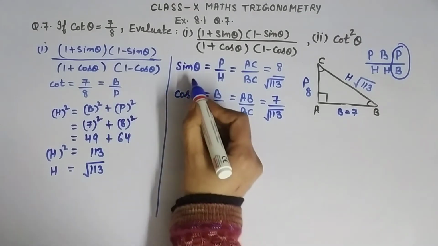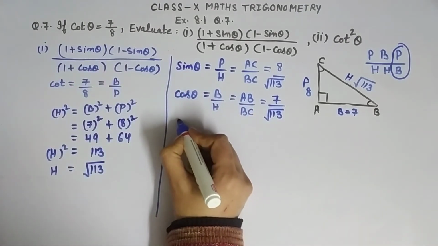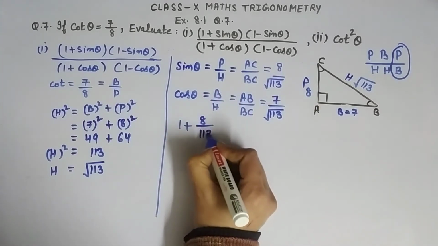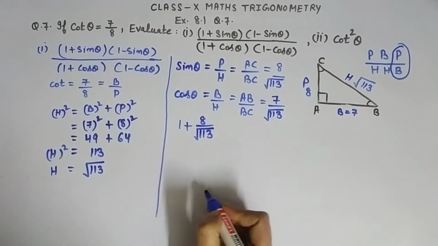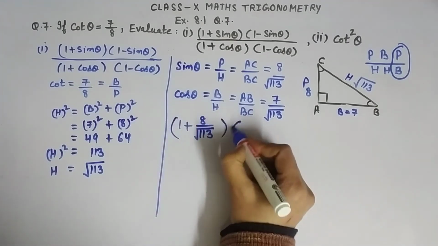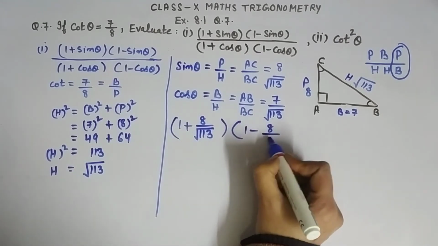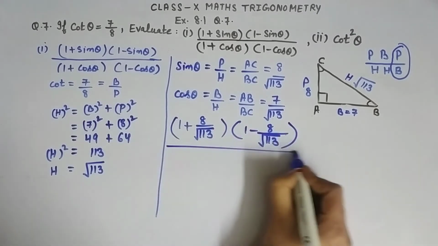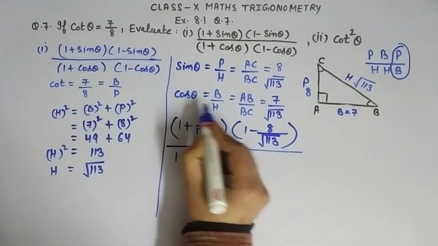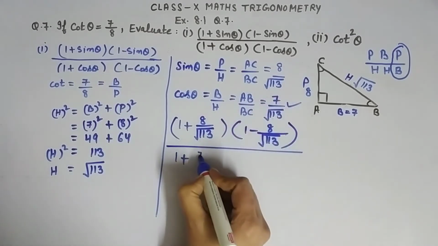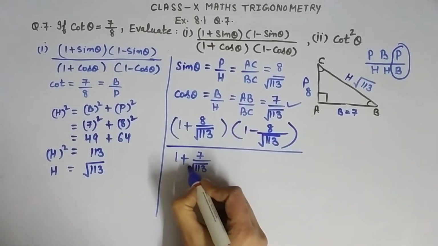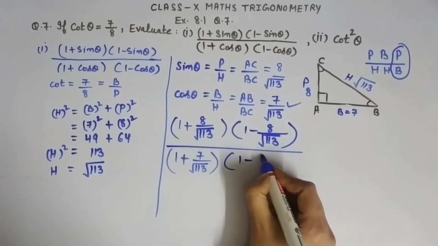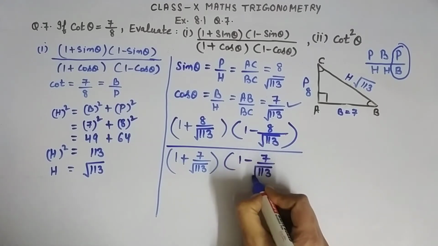So now we substitute these values in the question, that is 1 plus sin theta, that is 8 upon root 113, and in the next bracket 1 minus 8 upon root 113. Similarly in the lower part we have 1 plus cos theta, that is 7 upon under root 113, and in the next bracket 1 minus 7 upon root 113.